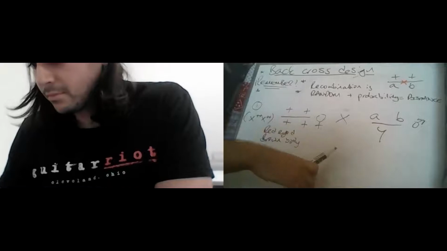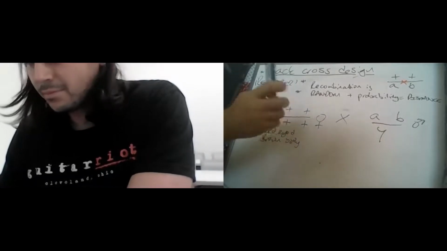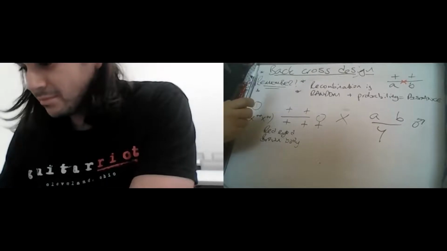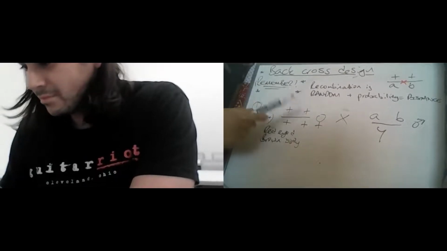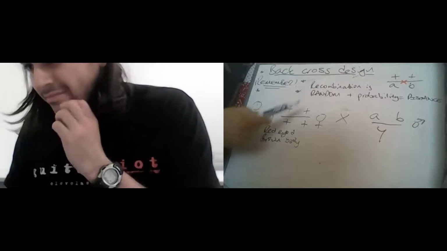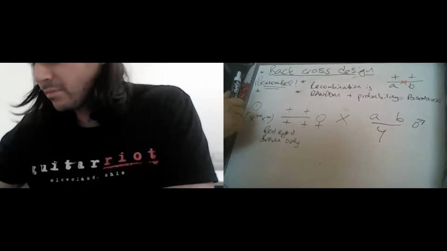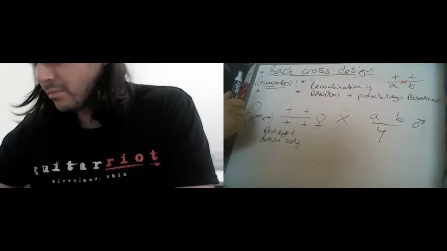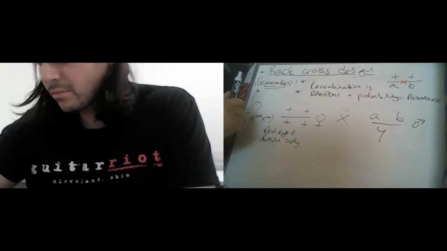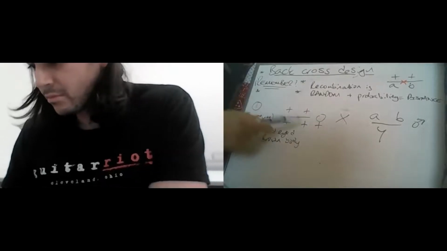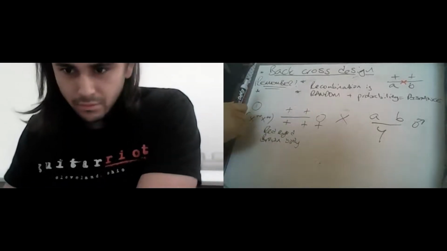All right, just make sure you're not all asleep, and I wouldn't blame you if you were. But what possible gametes are we going to get from these two individuals? Remember, I always bang on about if you want to do a cross or a Punnett square or whatever, you've got to figure out what your gametes are going to be. So what gametes are you going to get from these two individuals?